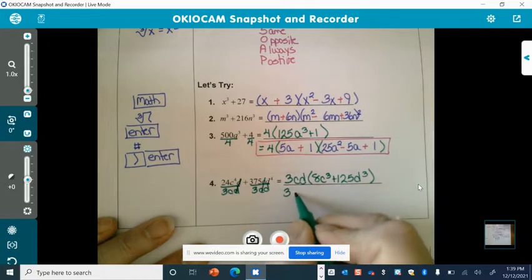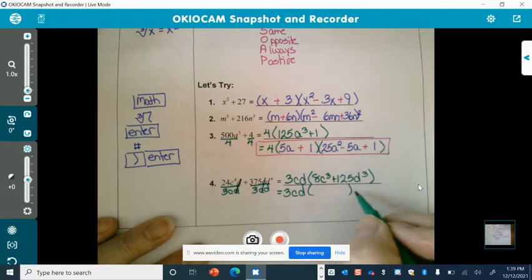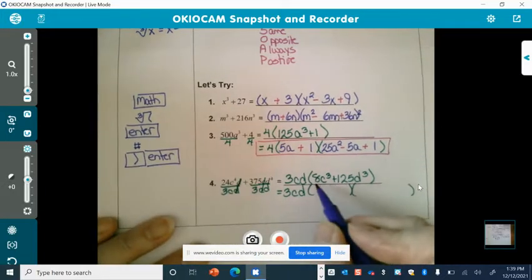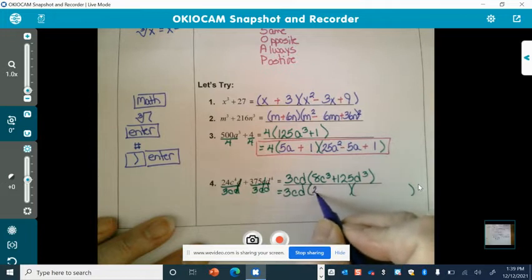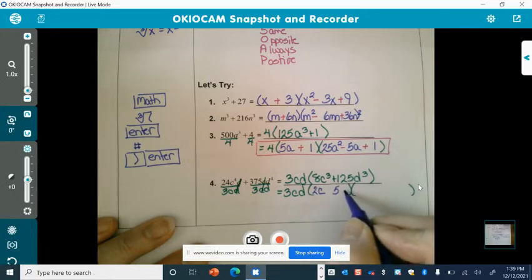All right, so this is going to be 3cd, binomial, trinomial. Cube root of 8 is 2, and cube root of c cubed is c. Cube root of 125 is 5. Cube root of d cubed is d.